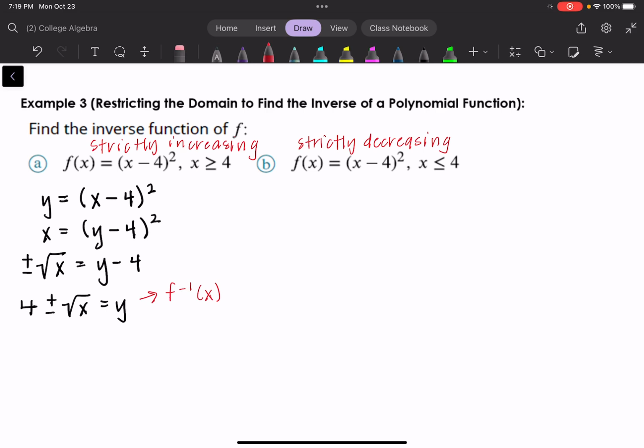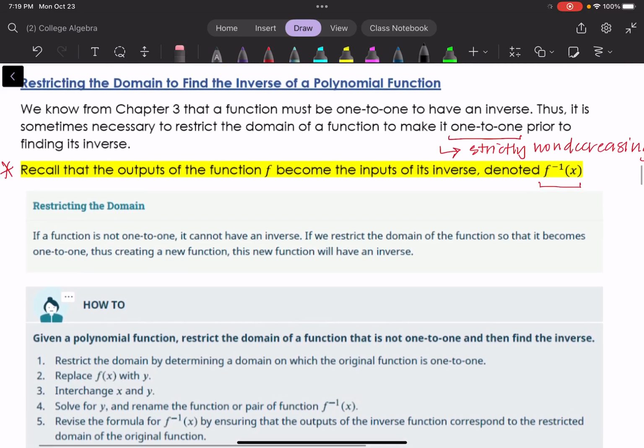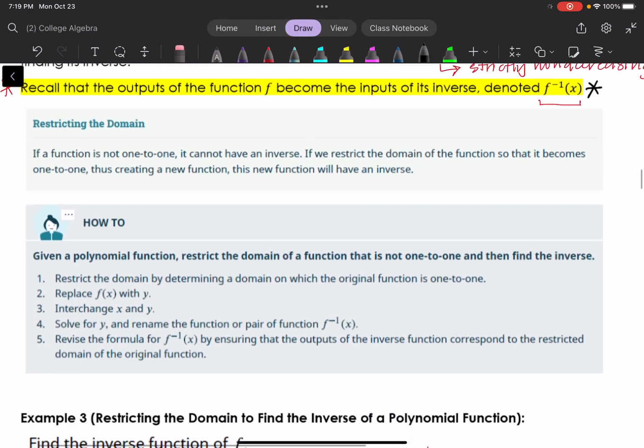So the only thing we need to do, for both A and B, is determine: do I choose the positive case, or do I choose the negative case? In order to do that, we have to recall what I said a second ago, this statement that's highlighted in yellow. Remember that the outputs of the function f become the inputs of its inverse.